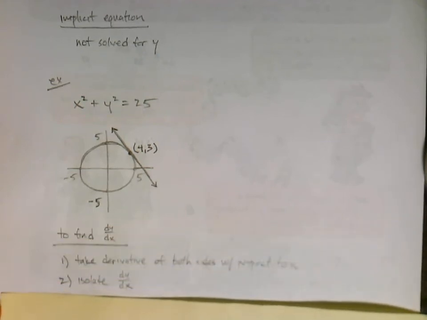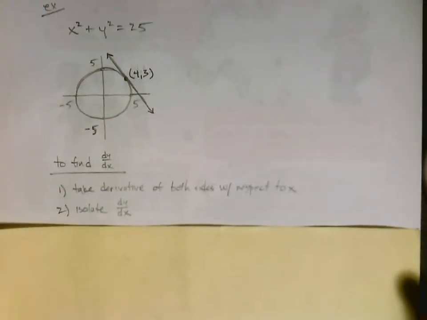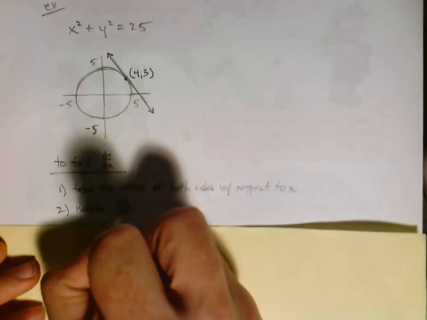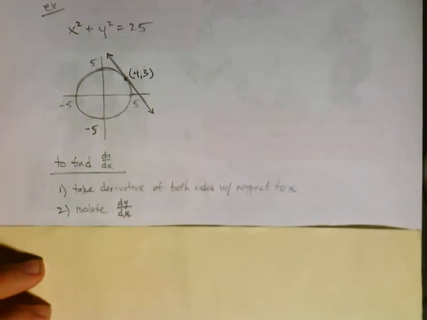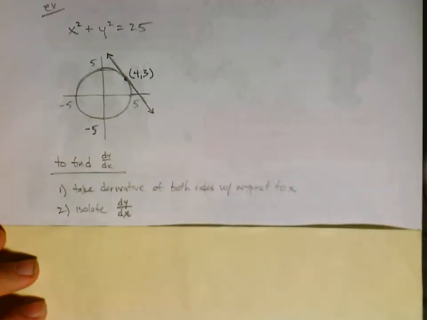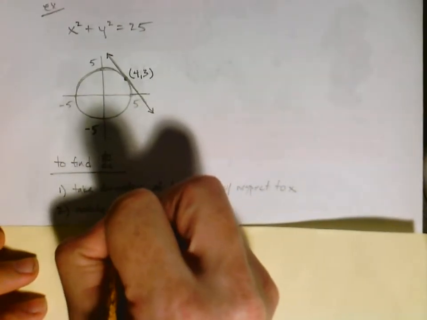Okay, so here are the steps to finding the derivative of an implicit equation. And we call the process implicit differentiation. Okay, I'm trying to make some of these words a little bit easier to read for you there on the screen. They're coming up a little bit light, and I apologize for the shadows.